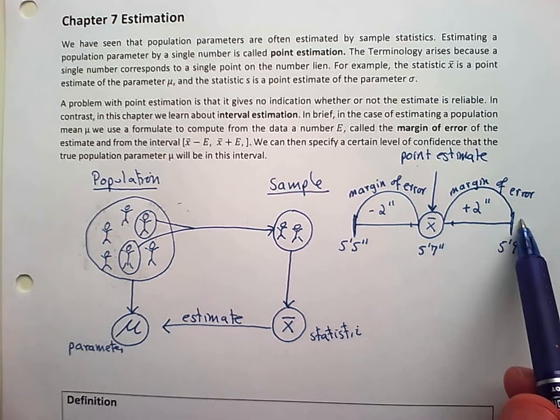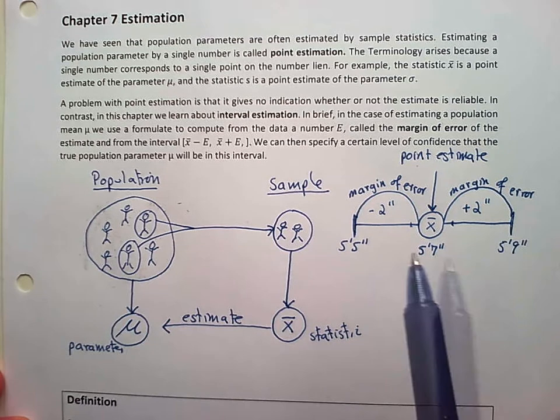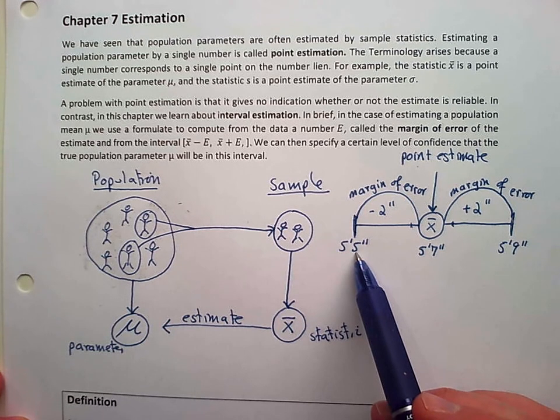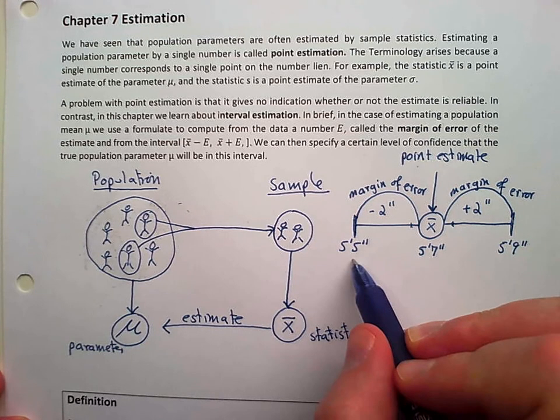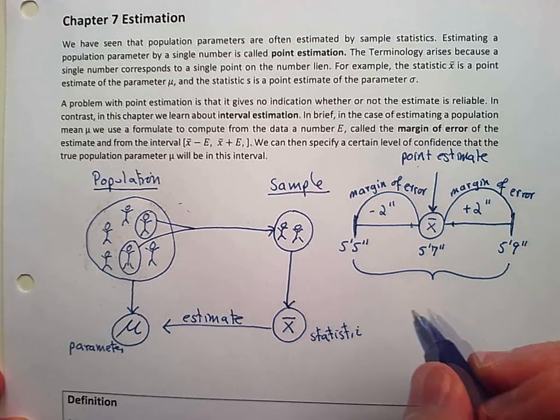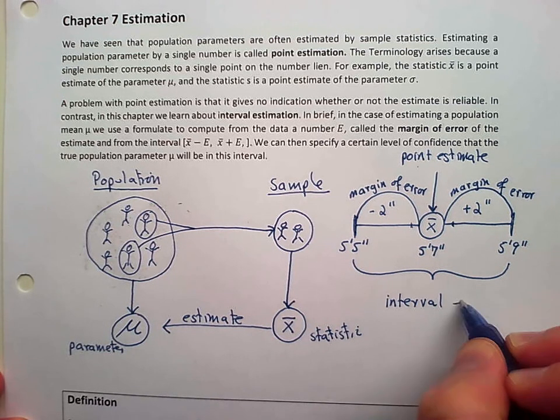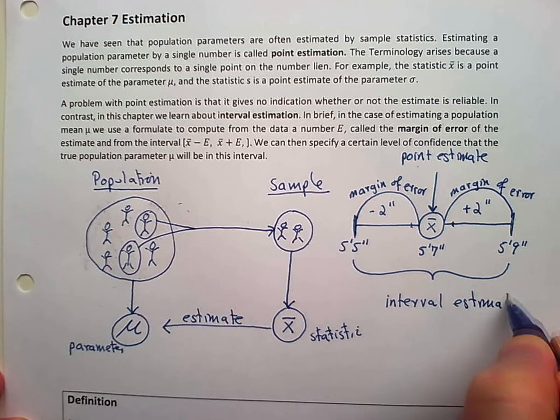So if somebody says, okay, give me a range or give me an interval of values that you think is going to contain the average height of all students at UNC Charlotte, you might say that the interval that you're going to give them is between 5'5" and 5'9". So therefore, this range or this interval, this is what we're going to call our interval estimate.